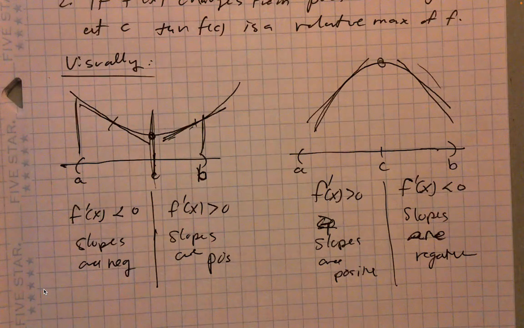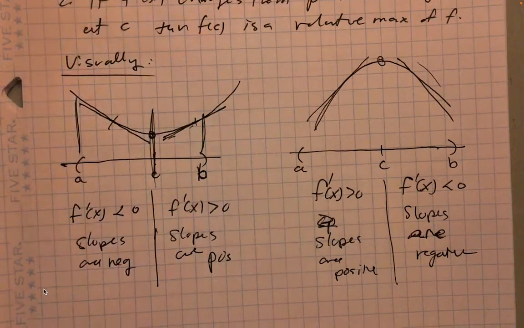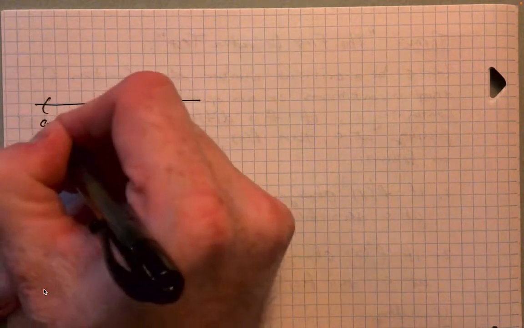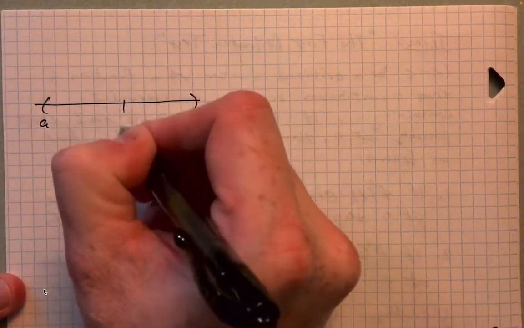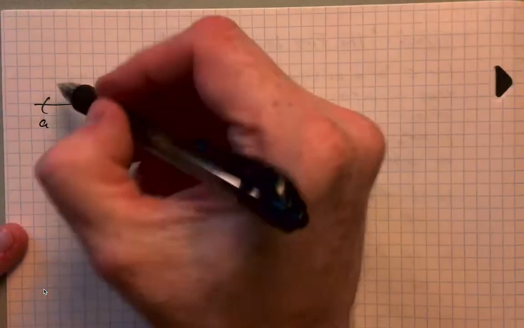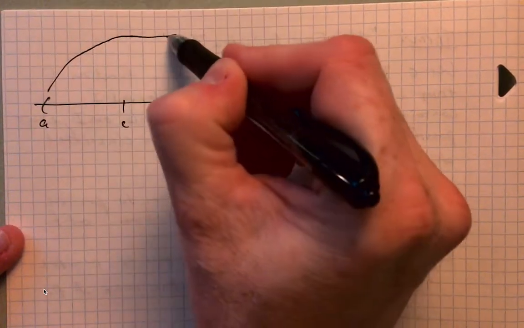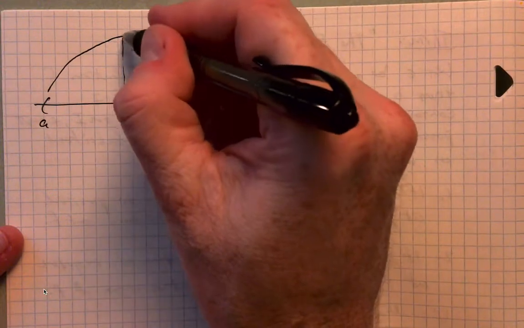Now, what else can happen? Well, technically, other things can occur. Let's see what those look like. All right, so you could have something like this, where you've got your a and your b and your c right in the middle, and maybe the graph comes up, flattens out, and then continues to head up.